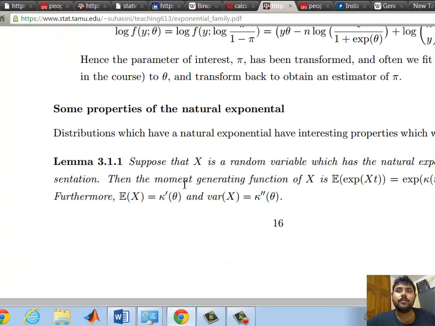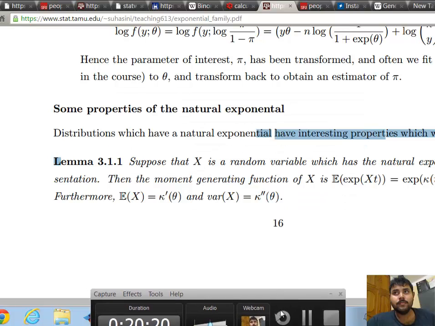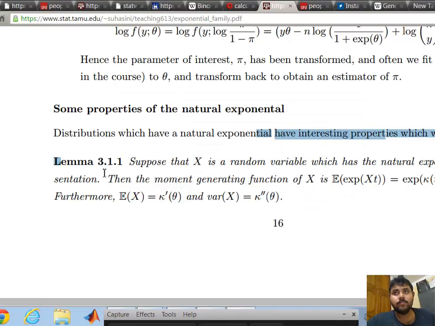So this is the theorem I was talking about, this lemma. I'm deselecting it so that you can have a look at it. Suppose x is a random variable which has a natural exponential representation, the moment generating function, and then you can get the expectation from the first derivative, and the second derivative minus first derivative is the variance.